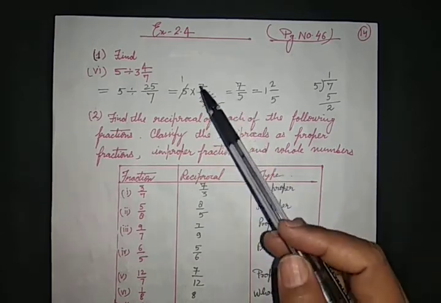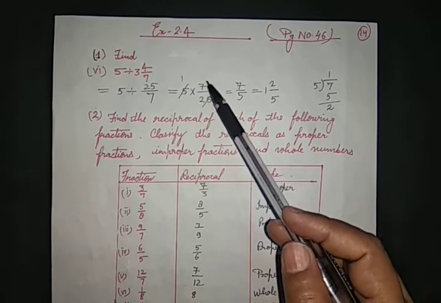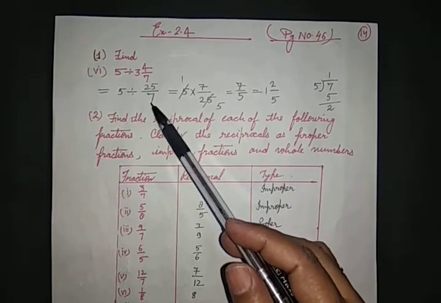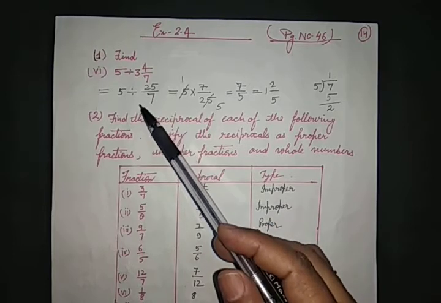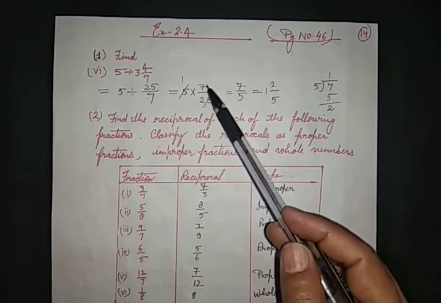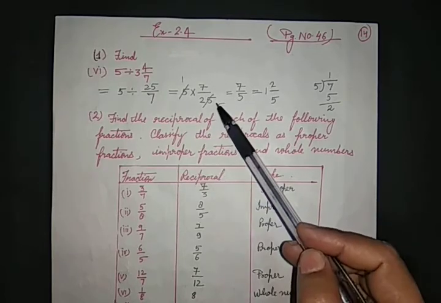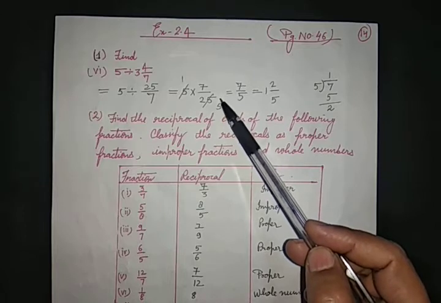Means you will not change only the sign. Along with the change of sign, you will write the reciprocal of the number by which you are dividing the given fraction, 7 upon 25. Now multiplication you have already done in exercise 2.3.